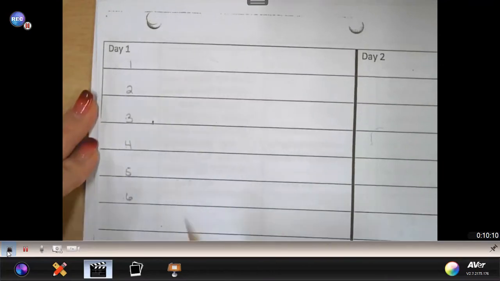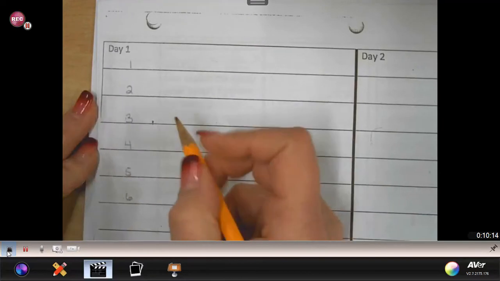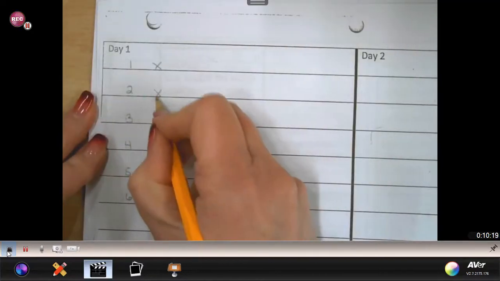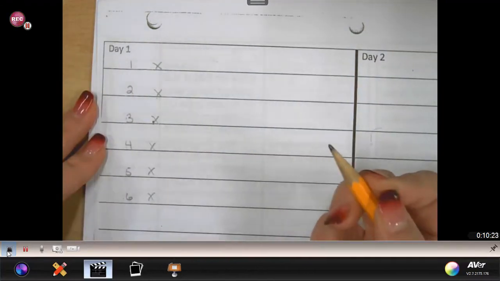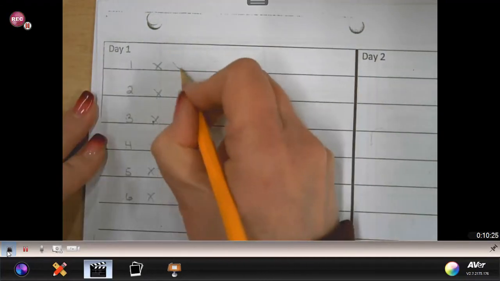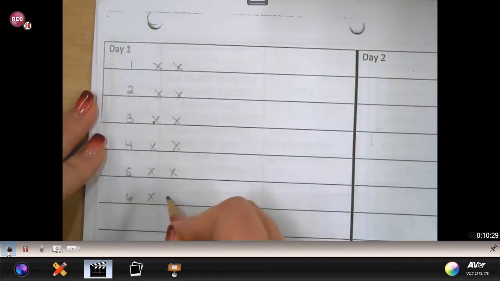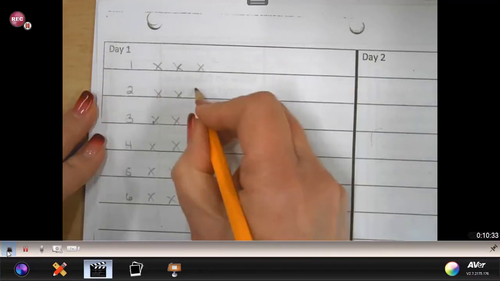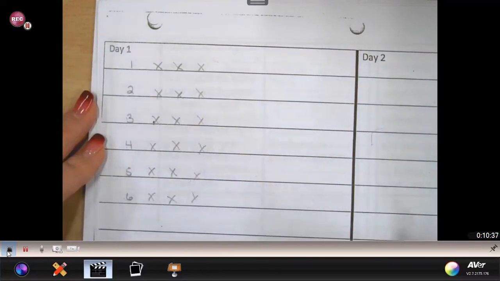Now, I'm going to take the 36 players and put them onto the benches. So I have 1, 2, 3, 4, 5, 6. And if we add another 6, you'll notice that we're having a pattern of 6 and 6 is 12. So that's another 6. 13, 14, 15, 16, 17, 18.